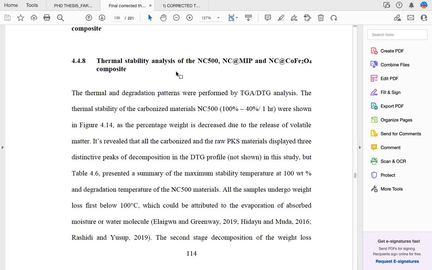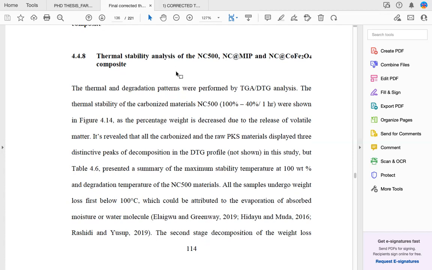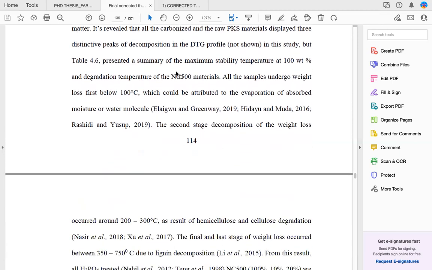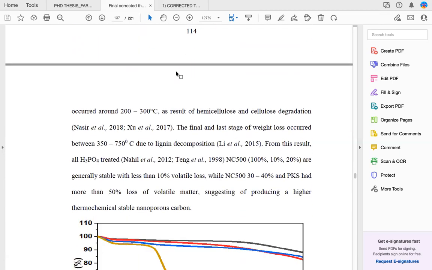When we develop materials, we would like to see whether the materials that we modify with certain things are more thermally stable compared to the original one. Because in certain applications, thermal stability is very important, because we don't always work at room temperature. Sometimes we have to work in extreme temperature. So in material development, this is very important.